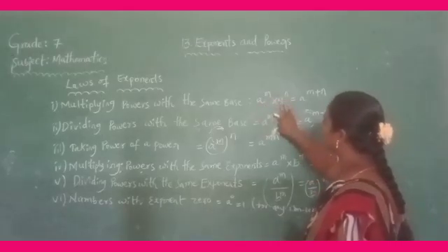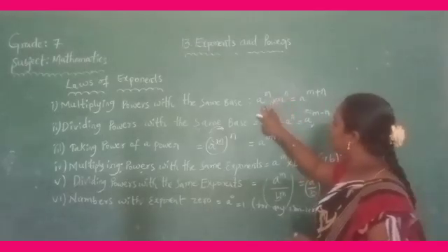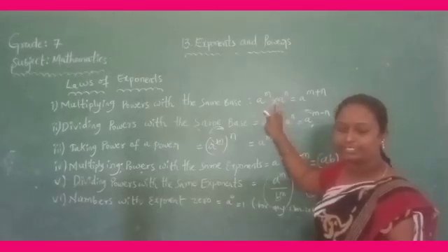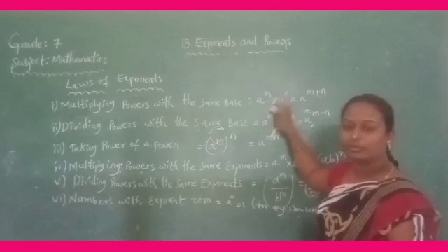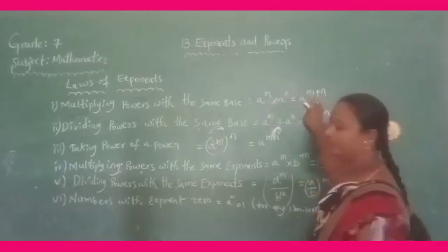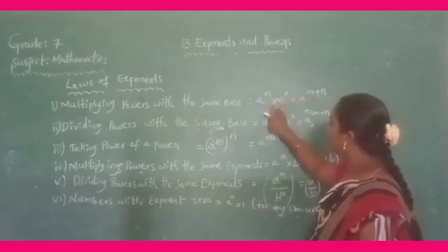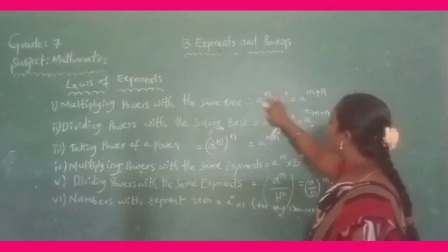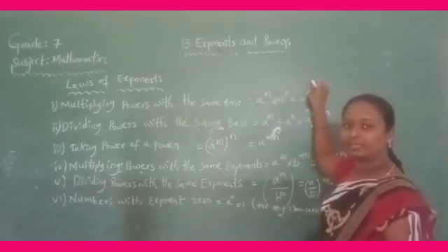If the bases are equal in the product or in the multiplication, what you have to do is the addition of powers. In the multiplication, if bases are the same, the powers will be added.